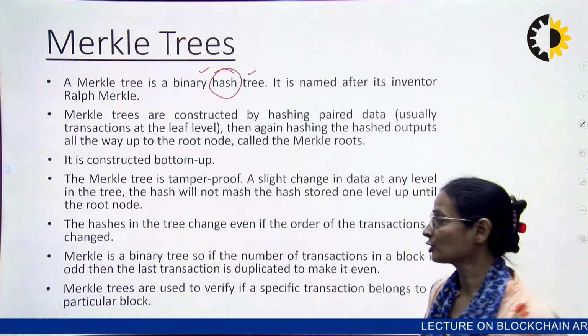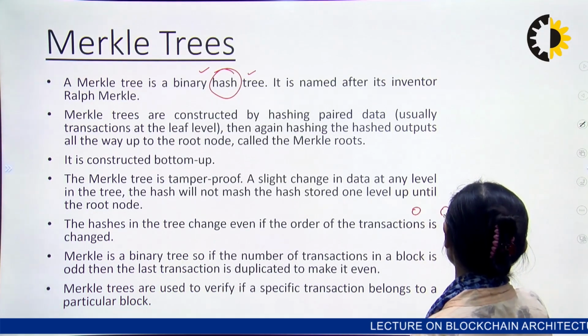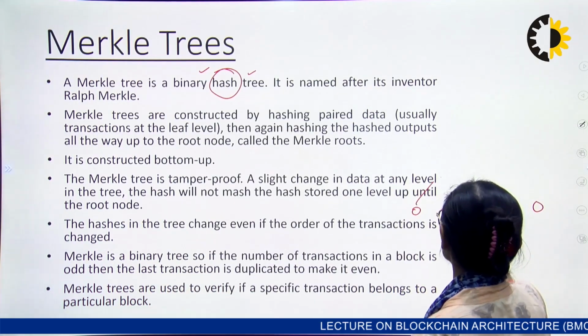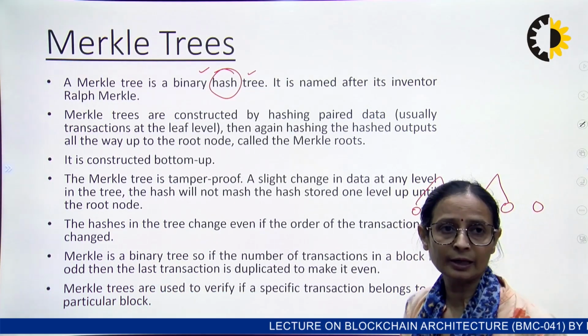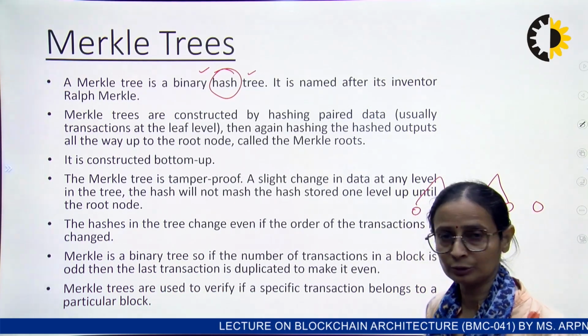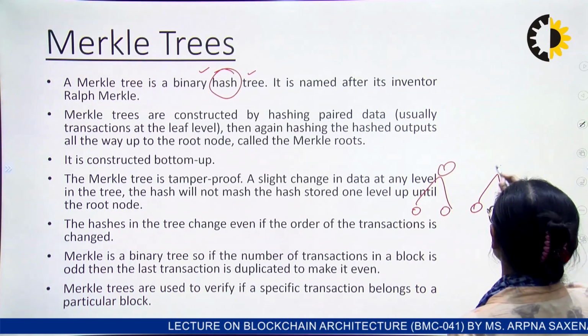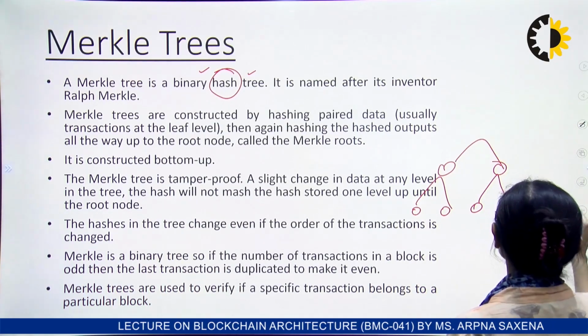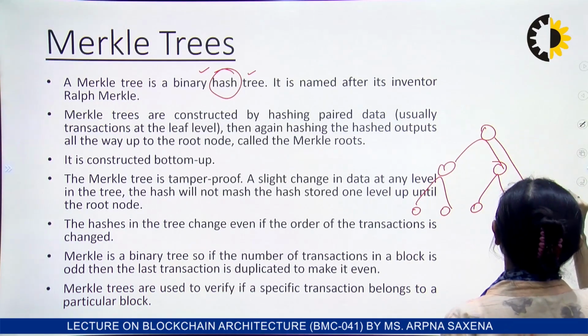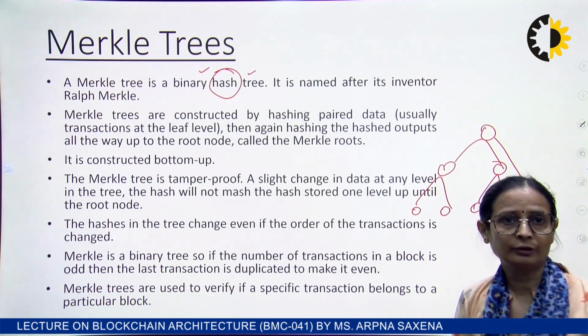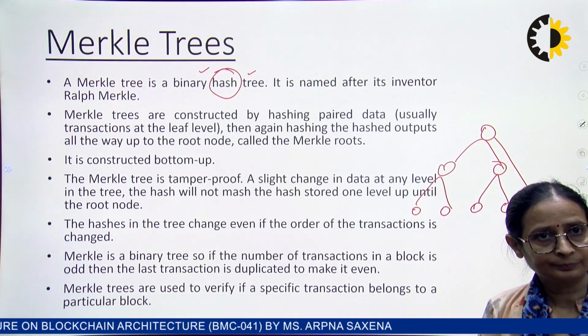It is constructed bottom up, that is, we start with the bottom. Since it is a binary tree, we start with combining two nodes together, and in such a way we could create a tree.